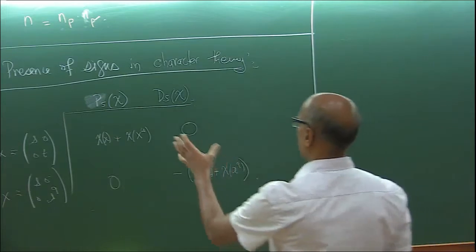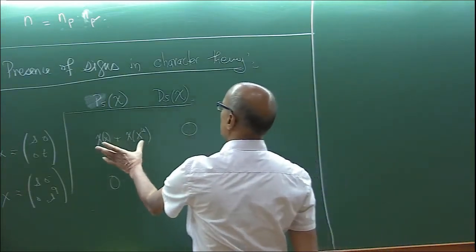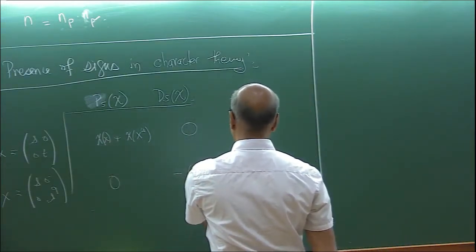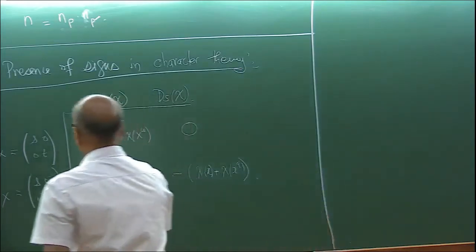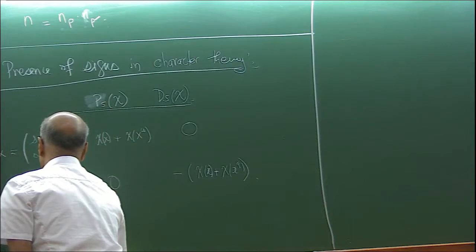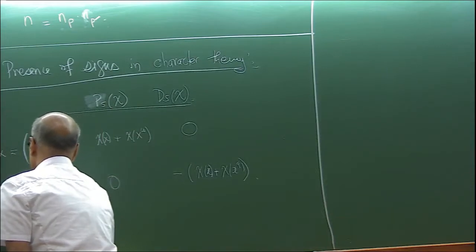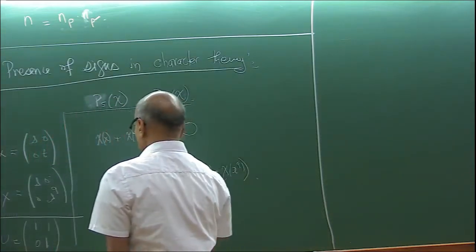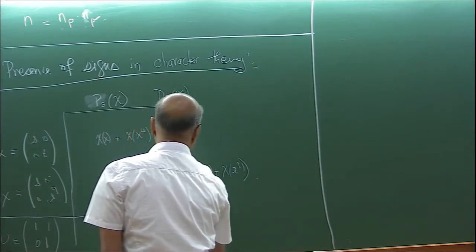The point I'm making is that this comes with a positive sign, this comes with a negative sign, and then maybe one might as well take this other element, (1 1; 0 1), u, and the principal series has value 1 here and minus 1 there.